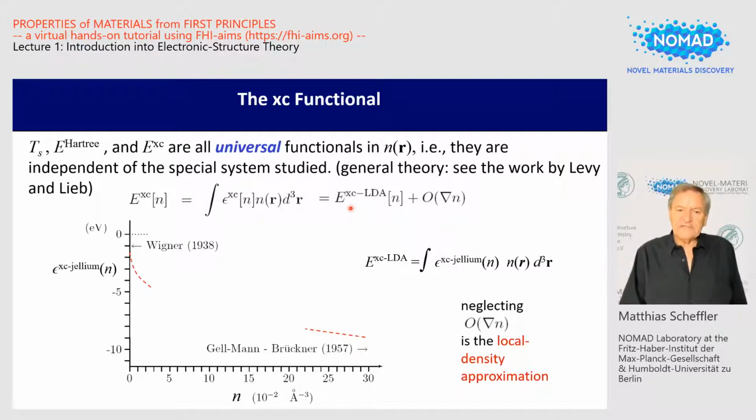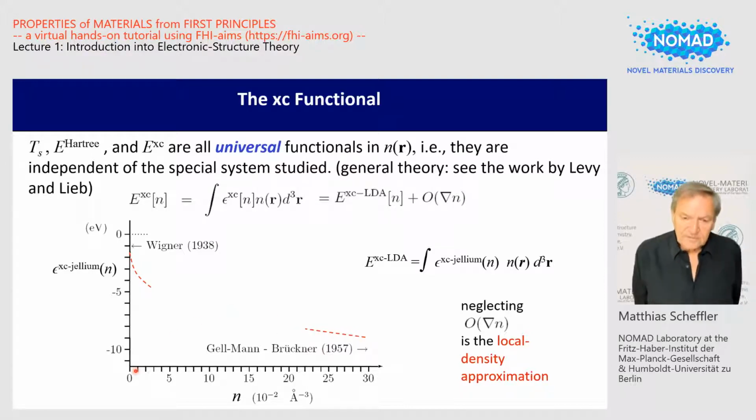This Exc LDA or Exc jellium, jellium meaning a constant electron density, has been known before. Wigner has shown already in 1938 that Exc of a constant electron density for small densities behaves as this dashed line here. And Gell-Mann and Brückner, with some more sophisticated many-body theory, have shown in 57 that the high density limit looks like this. Now, all the realistic systems are in between.